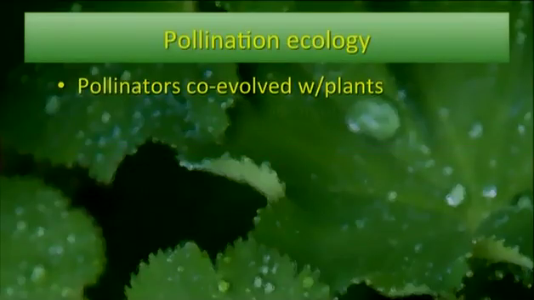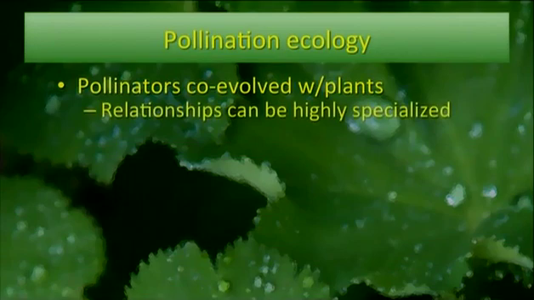But what happens is that you have these pollinator relationships, pollinator specificity, where the pollinator pollinates only one species of flower. Only a lavender orchid, say for example, not the white orchid. That looks like it and maybe even smells a little like it, but the bee is not necessarily attracted to a white flowered plant. Okay? So pollinators co-evolve with plants and relationships can be very highly specialized.